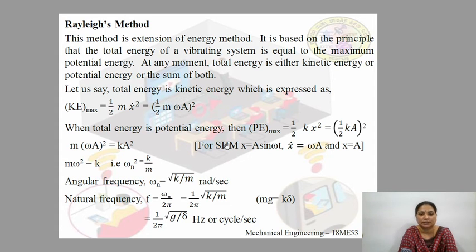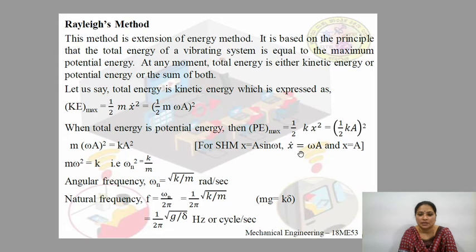We all know that in session 1 we discussed the equation for simple harmonic motion, that is x equals a sine omega t. When we differentiate this equation, we get x dot, which is equal to omega a cos omega t. Since the term omega t is very small, it is neglected, and we get x dot equal to omega into a.